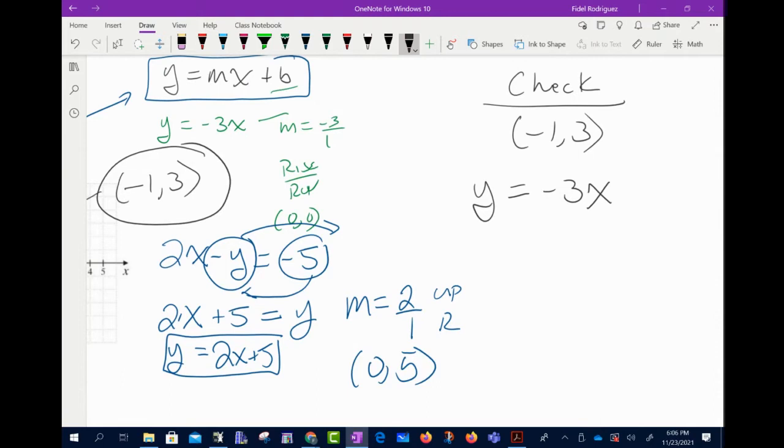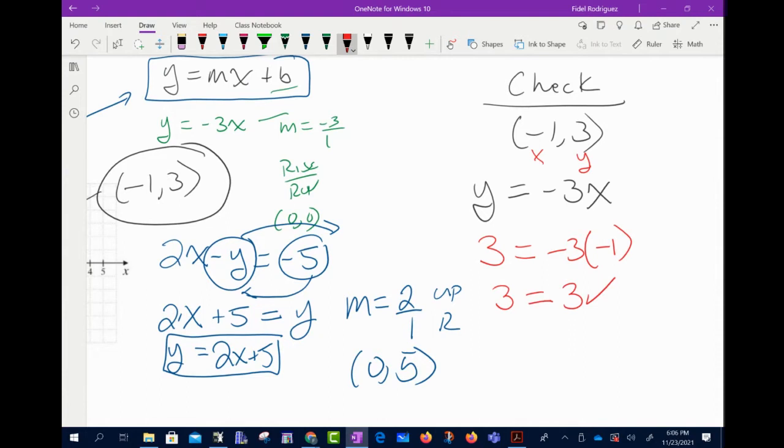So remember what this means. This is the value for x. This is the value for y. If I replace my y with a 3, and I replace my x with a -1, we would say 3 equals -3 times -1, which is +3. Yeah, that actually does check out.